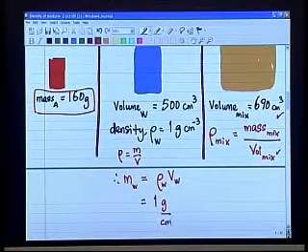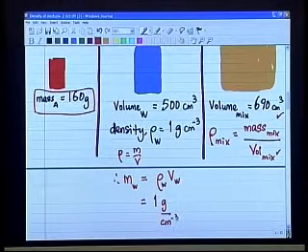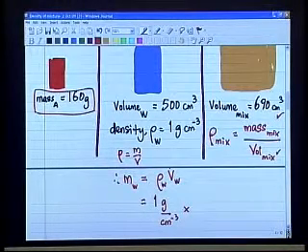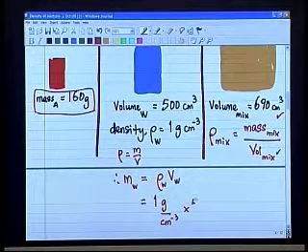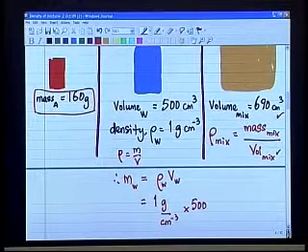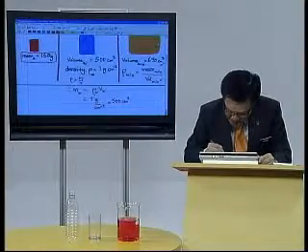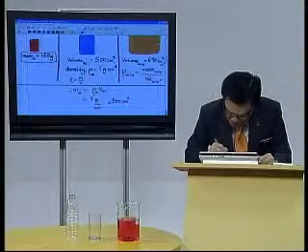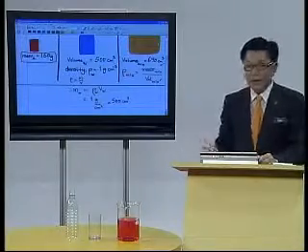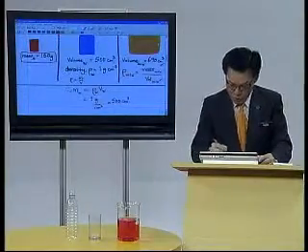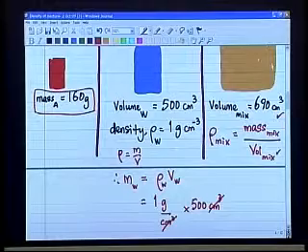Multiplied by volume, 500 cubic centimeter. Sorry, take that away. Gram per centimeter cube. Alright, that's the right way to write. So, you look, I cancel this.